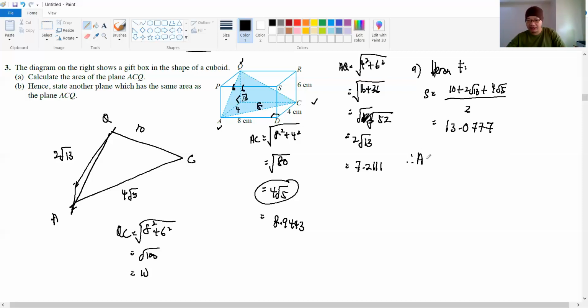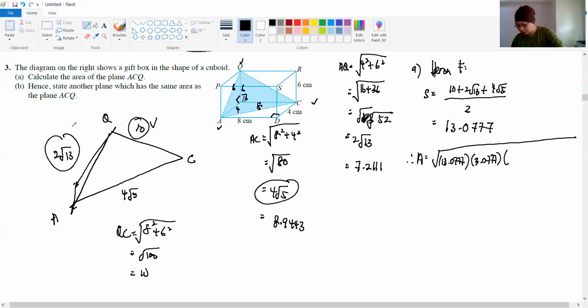Number 2, therefore area equals a big square root. The first number we start with is S. The second number is S minus 10. Then you are supposed to get 13.0777 minus 10, so you are supposed to get 3.077. And then S minus 2 square root 13, that is 13.0777 minus 2 square root 13.